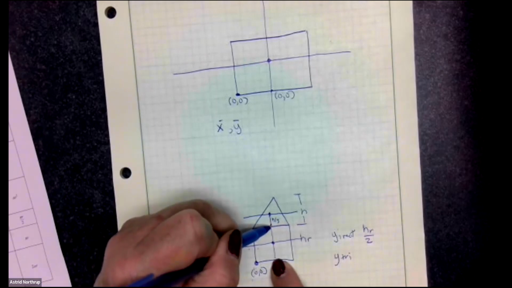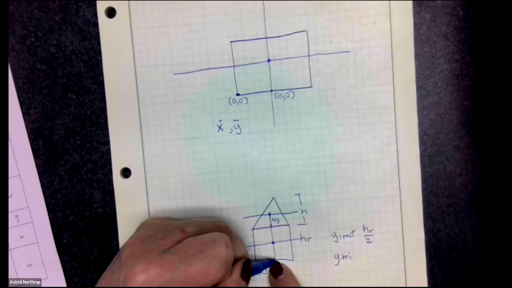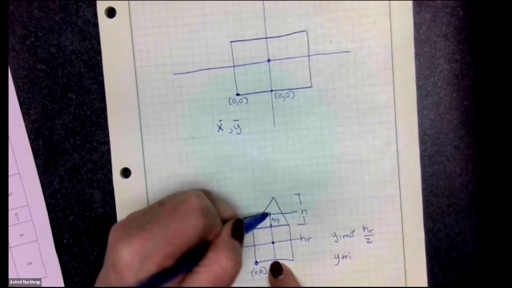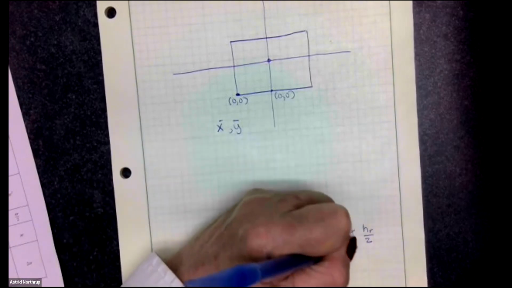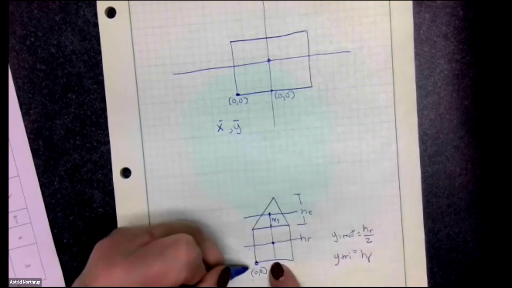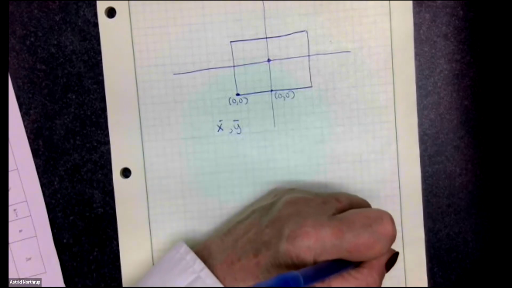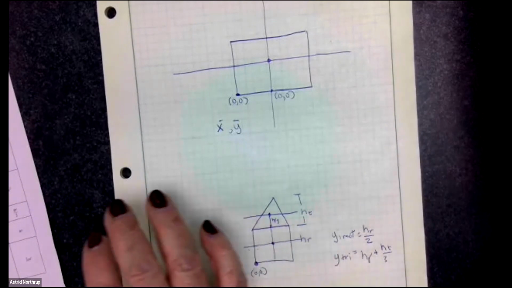That references from this point. So in other words, I have to recognize that y of my triangle is going to be h sub r, so I have to move from here to here, plus h sub t over 3, where h sub t makes sure we know we're talking about the triangle. That's what I mean by you just have to reference it from a coordinate. All right, and that will become apparent why later on.